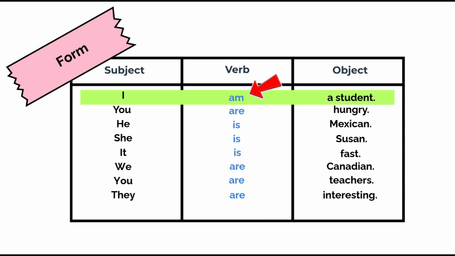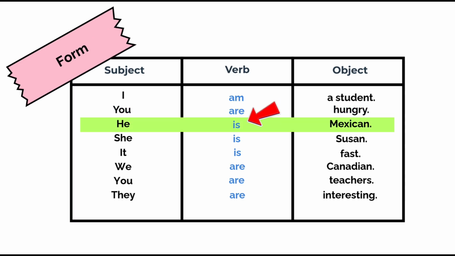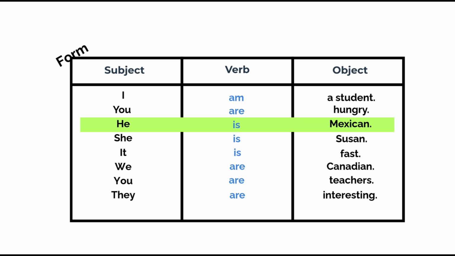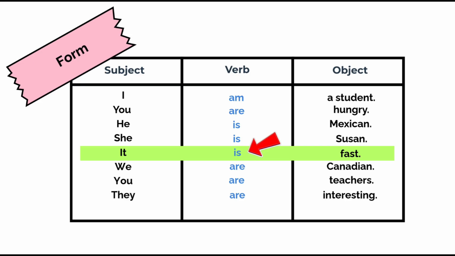I am a student. You are hungry. He is Mexican. She is Susan. It is fast.